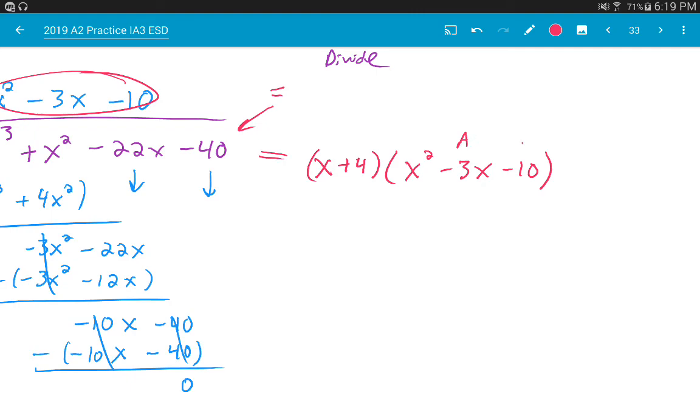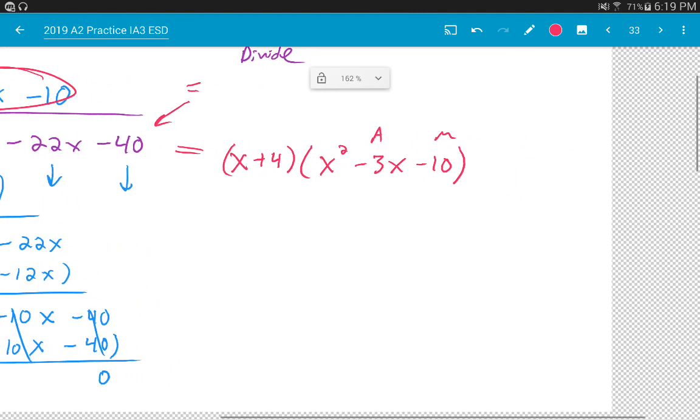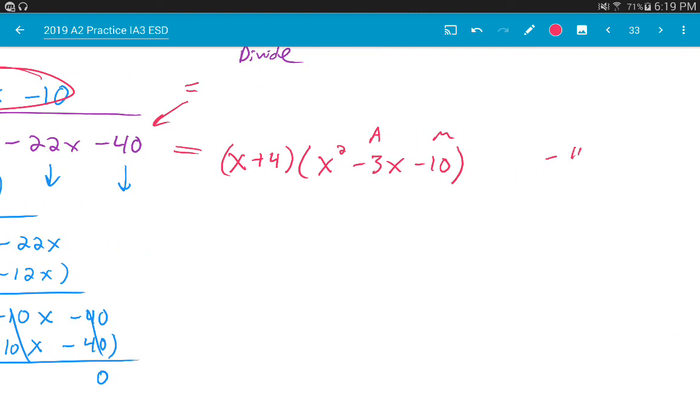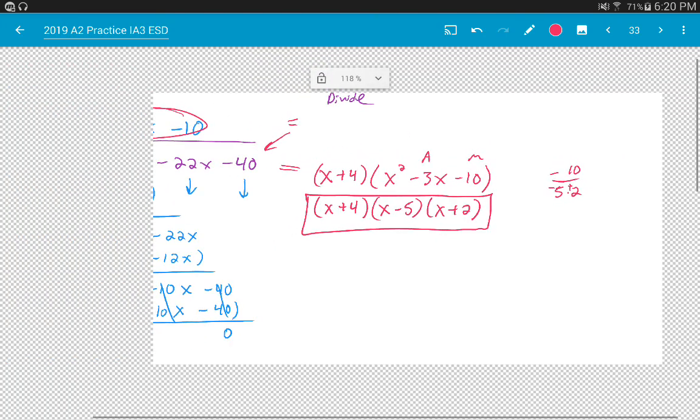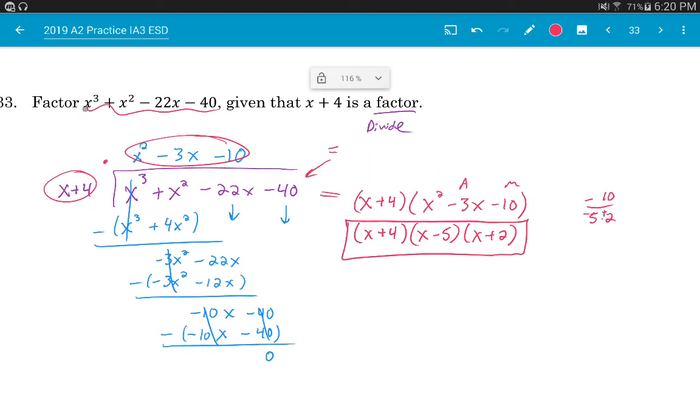This looks like A and M. Negative 10 could be 5 and 2. Negative 5, positive 2. So this is x minus 5, x plus 2, and x plus 4 on the front. That is the fully factored version of x cubed plus x squared minus 22x minus 40.